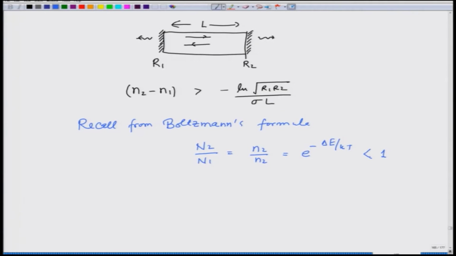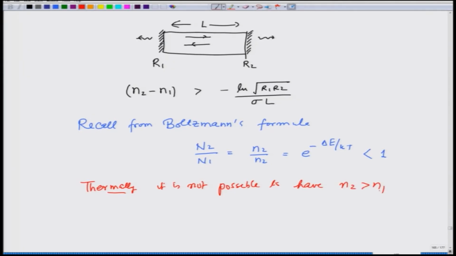So, thermally it is not possible to have N2 greater than N1. That means, if you raise the temperature, it is not possible to have N2 greater than N1.